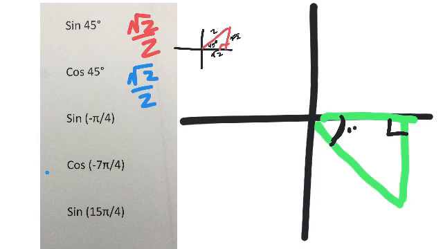Negative just really told me the direction. But my reference angle when I'm doing these triangles will always be positive. We never have a negative reference angle when we're making our triangles. So now if I've rotated 45 degrees, I know I've got a 45, 45, 90. Across from the 45 is radical 2. Beside the 45 is radical 2, and the hypotenuse is 2.